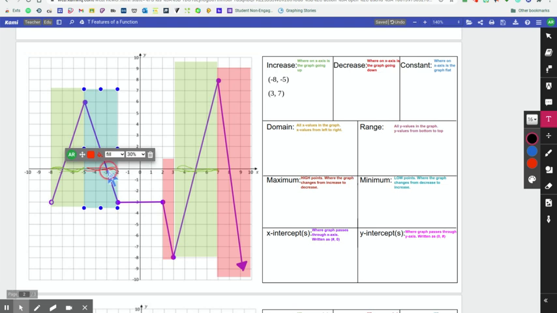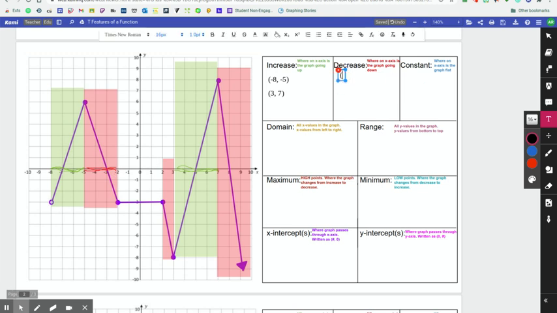This first one here, from what number to what number is it decreasing? Correct. So when I write that out, it's going to be -5, comma, to -2. That's how we write it in math.